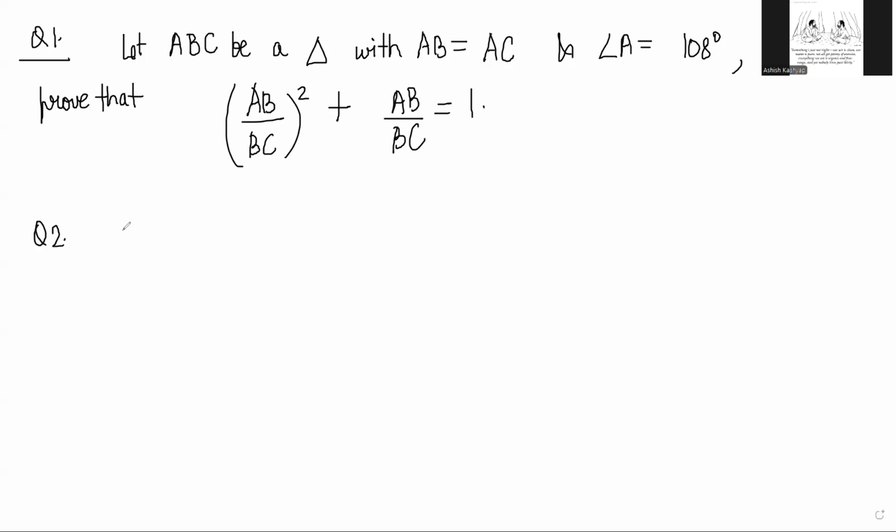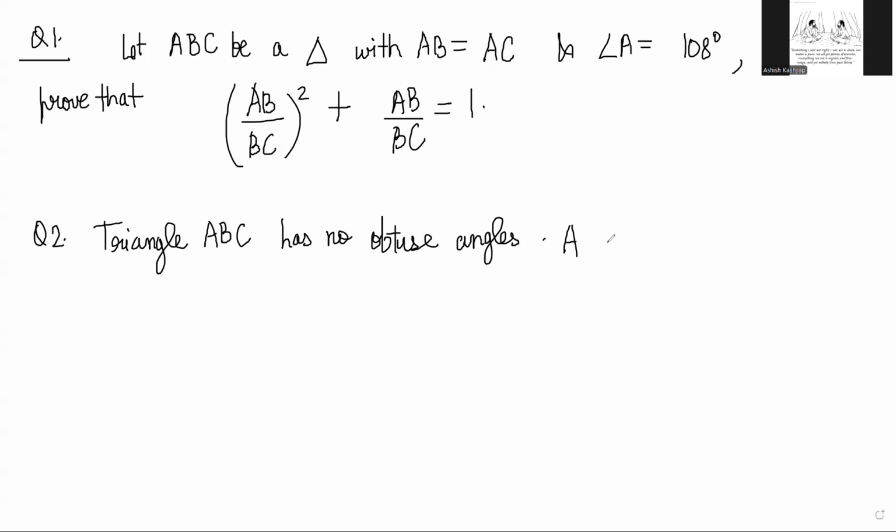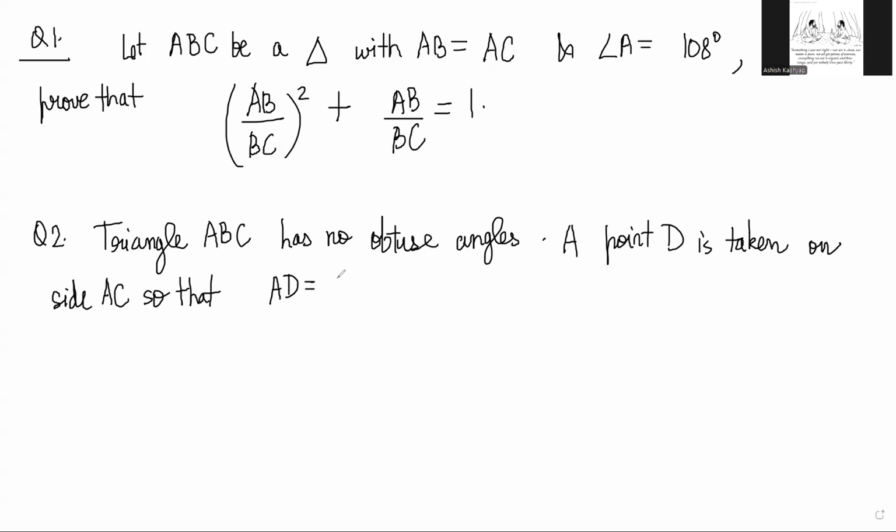And the second question is this. Triangle ABC has no obtuse angles. A point D is taken on side AC so that AD is equal to 3 by 4 AC.